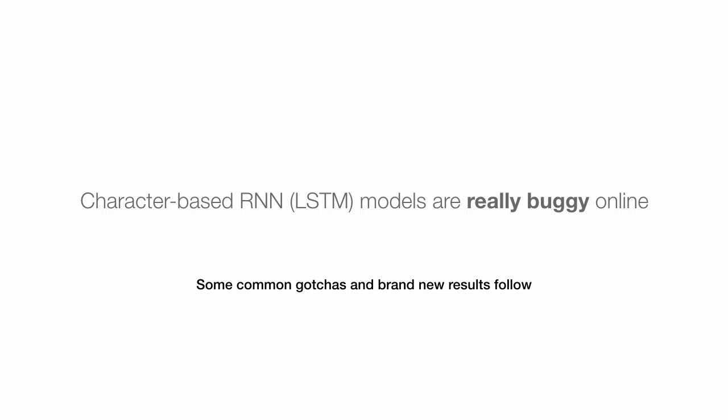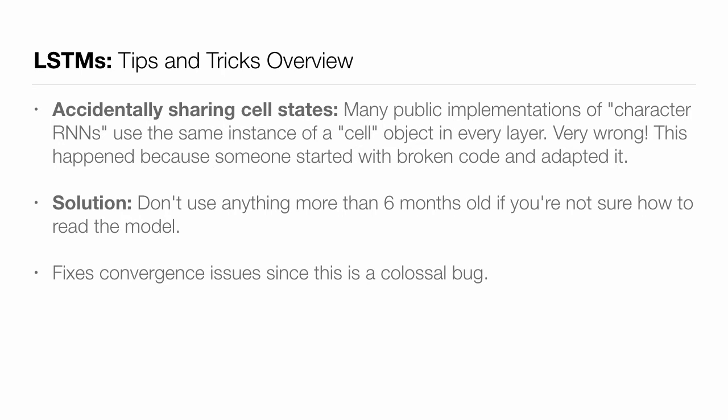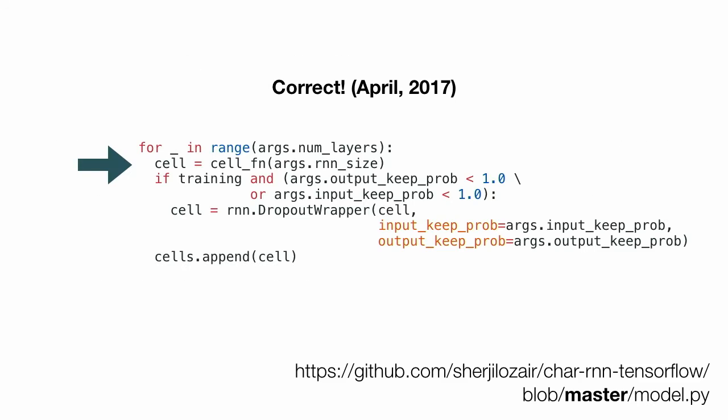One of the first things you'll notice, this stuff is super buggy online. It's really, really crazy how many of these implementations are just totally abjectly broken. I'll give you an example. Public implementations of character RNNs make this very specific bug. You're going to see it illustrated. It exists in stuff that was just 6 months ago in super well-exposed mainstream code that people download and use online.